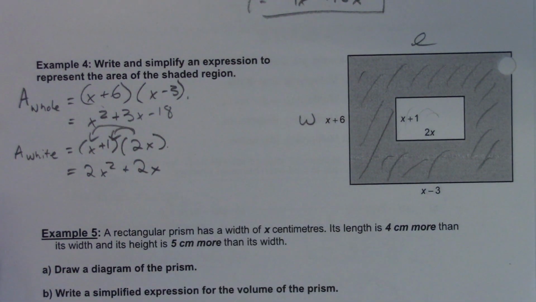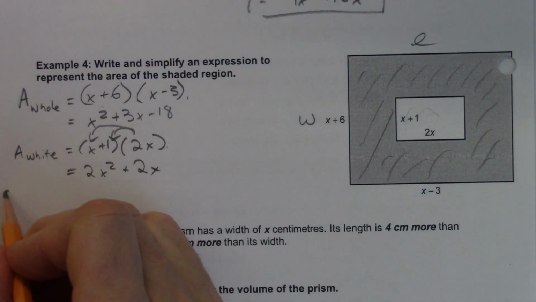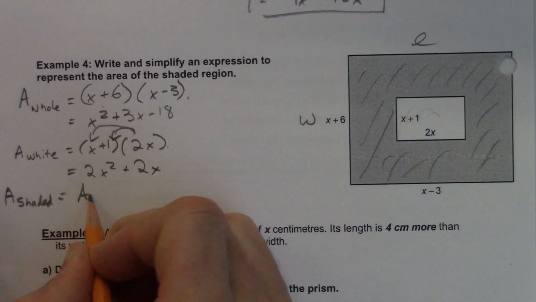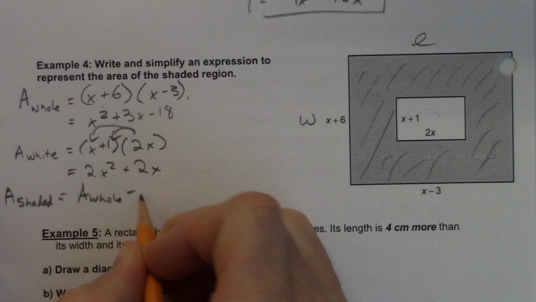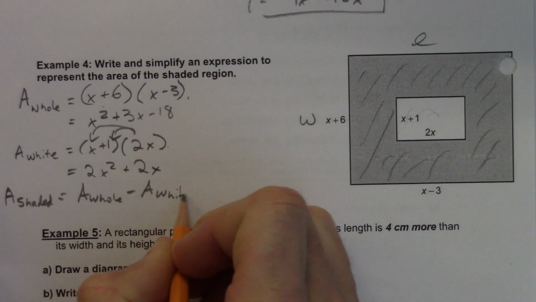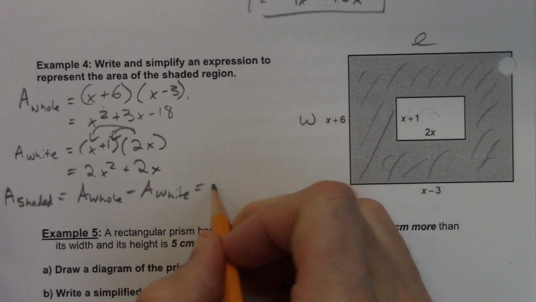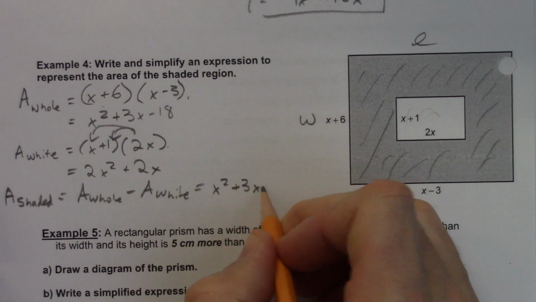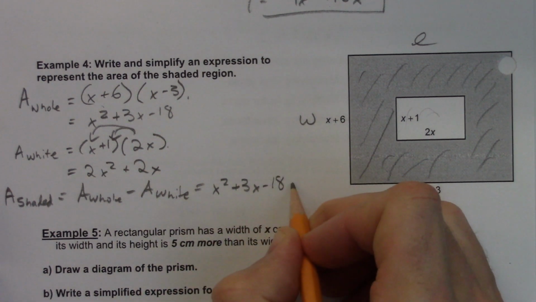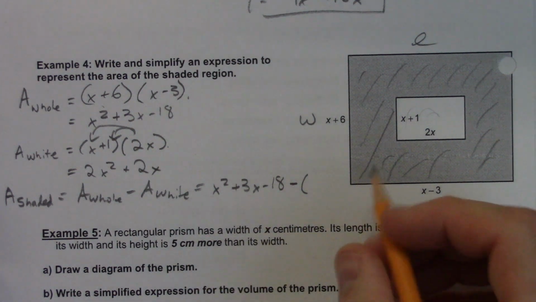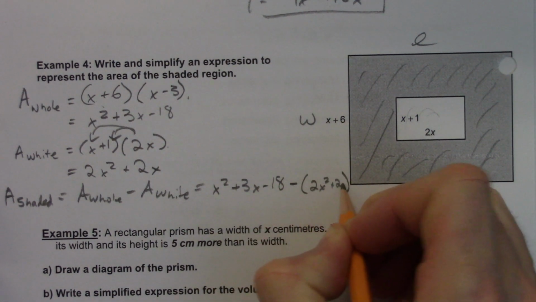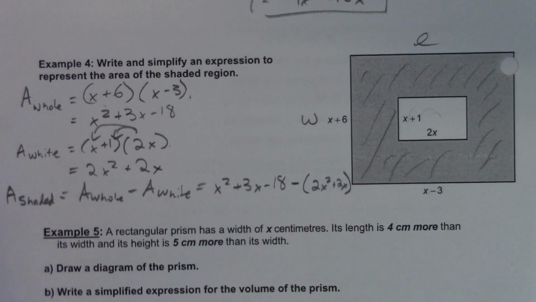All right, so now the area of the shaded is equal to the area of the whole minus the area of the white, is equal to x squared plus 3x minus 18 minus, and I have to put this all in brackets, otherwise I would have messed up, 2x squared plus 2x. You guys see that?